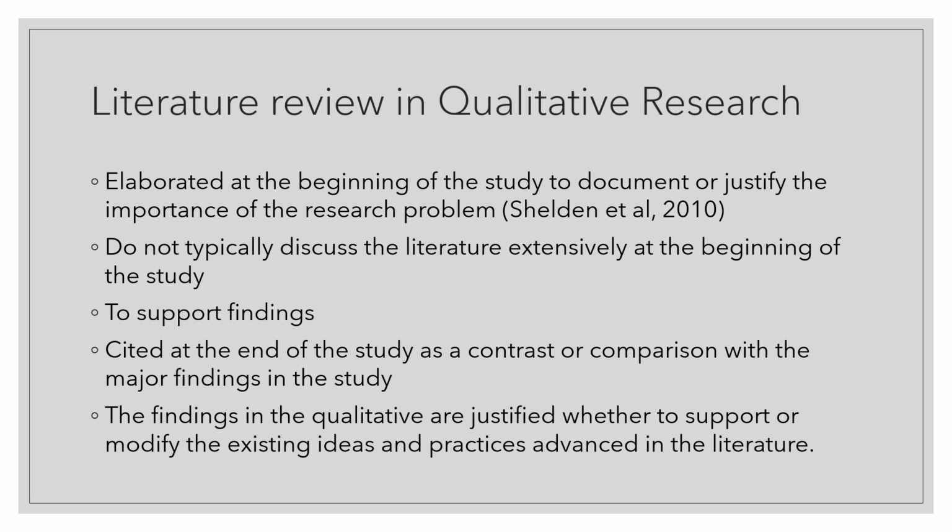It justifies, as we have discussed earlier, that the literature review in qualitative research has a role to support or modify. You should provide the proof from the finding and then elaborate it with your interpretation.